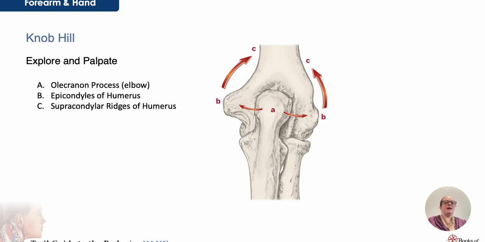All right, let's talk about the knob hill. The names they come up with. Your elbow, the olecranon process is A. So this is what happens when your humerus and your lower forearm and ulna are in a straight position. This is what it looks like. If you were looking at it, this is the picture, right? Just upside down.